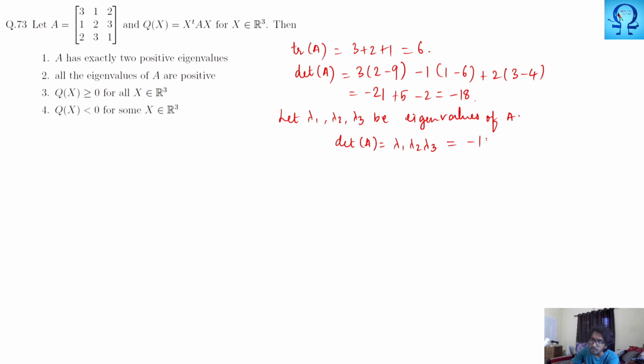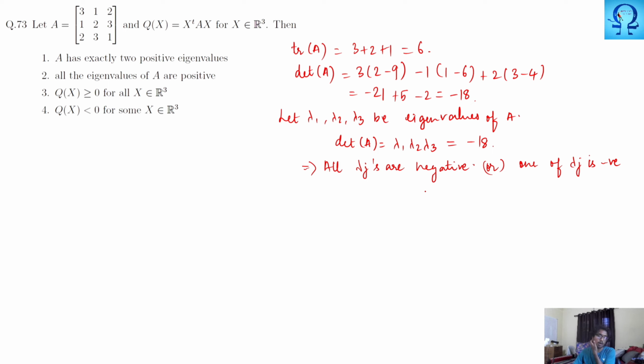This product of three things is minus 18, which means either all lambda j's are negative, since multiplying three negative values ends up in a negative value, or one of the lambda j is negative and the remaining two are positive.